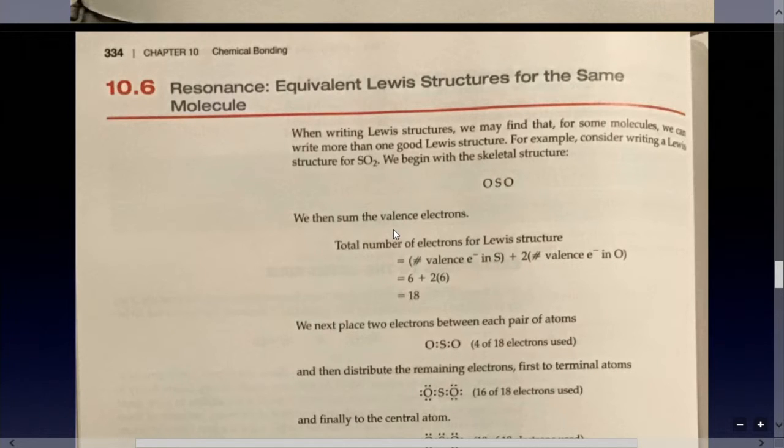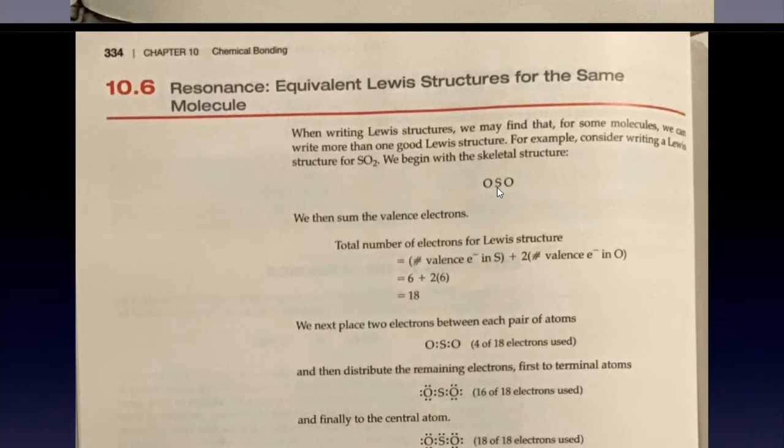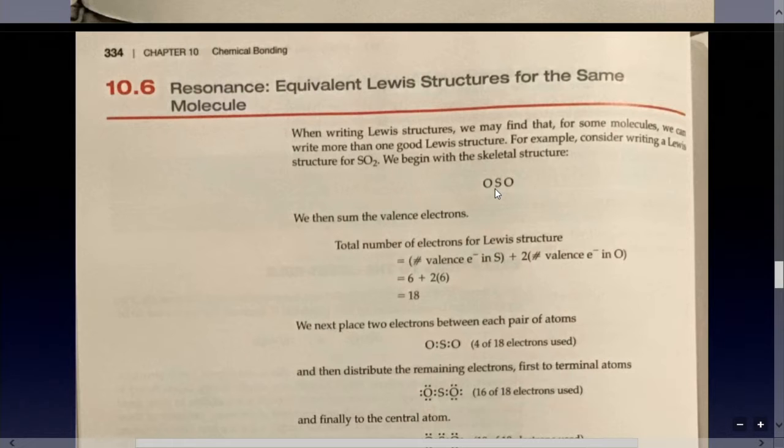And then the next step would be to add up all your valence electrons. Each of the oxygens has 6, so there's 12, and sulfur has 6 as well. Yeah, sulfur has 6 valence electrons. It's just in another period.